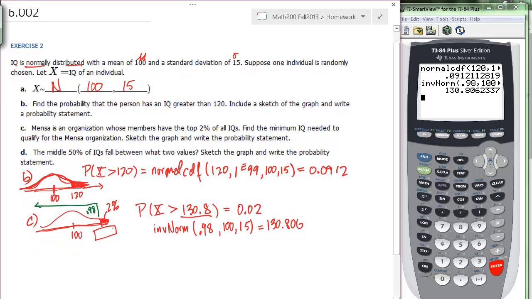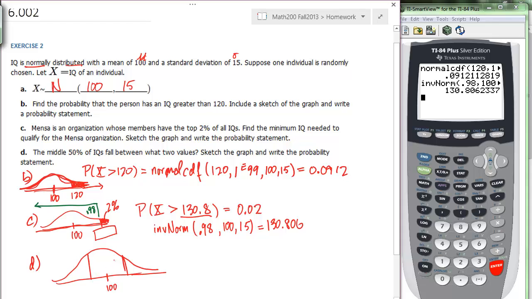Oh, that's part C. Part D, the middle 50% of the IQ scores fall between what two values? So what we're looking for in this scenario is around 100.